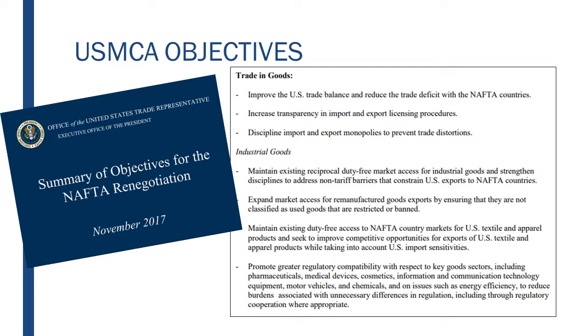In industrial goods, we can also find: maintain existing reciprocal duty-free market access for industrial goods and strengthen disciplines to address non-tariff barriers that constrain U.S. exports to NAFTA countries.